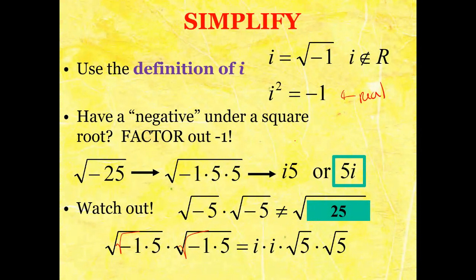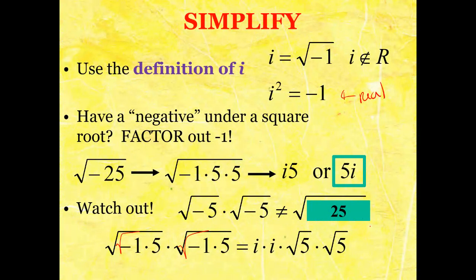That gives me i times i, which is i squared, times the square root of 5 times the square root of 5, which is the square root of 25. I squared is -1 times 5. I get -5, whereas here I would have gotten 5. So here I was incorrect. You need to be careful with that. That only works if you're just dealing with real numbers. Just simplify before you multiply.